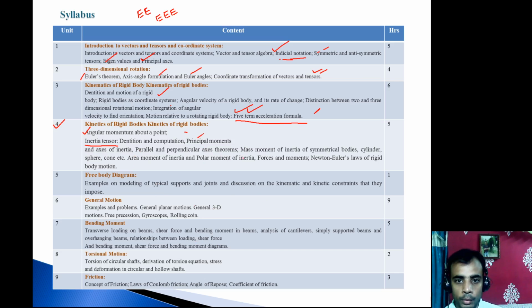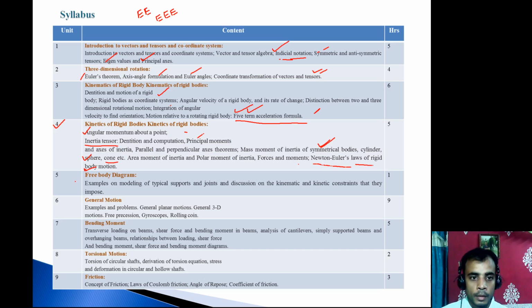Then we will learn about the moment of inertia of some symmetrical bodies like cylinder, sphere, cone, etc. And area moment of inertia and polar moment of inertia, we will look into that also. Forces and moments. Then we will learn about the Newton-Euler law of rigid body motion.